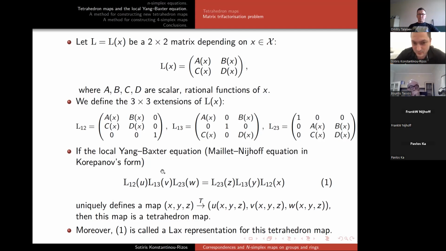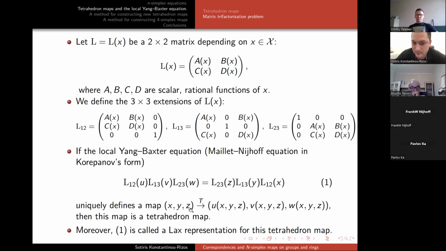If you substitute these matrices into this equation, you will obviously get a set of polynomial equations for u, v, w, x, y, z. If this set of equations has a unique solution for u, v, w, you can say that a map is defined uniquely that takes x, y, z and gives you functions u, v, w of x, y, z.